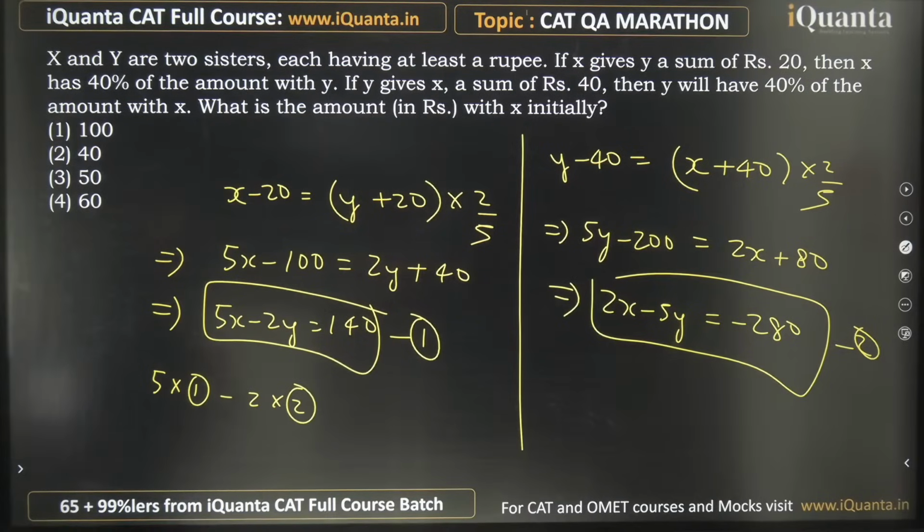Sakshi, this gets automatically uploaded. Tell me, is this fine with all of you? That's okay. You can solve it and you'll get the value of x as 60. Perfect. Cool.